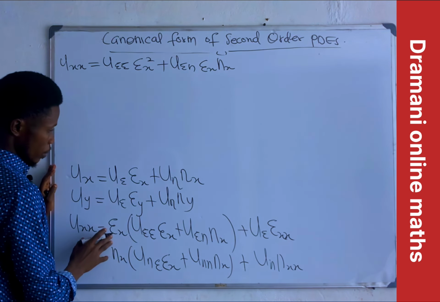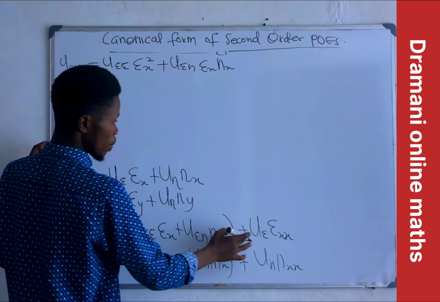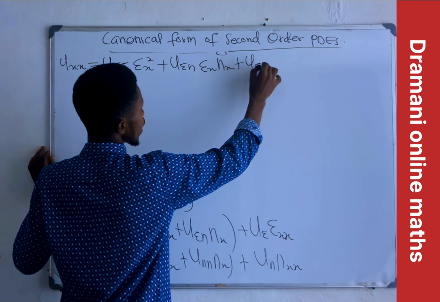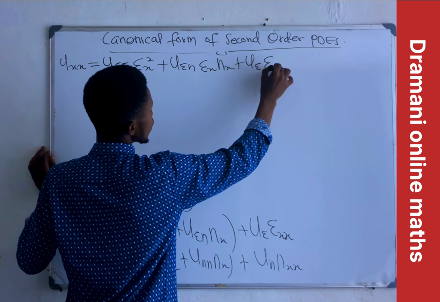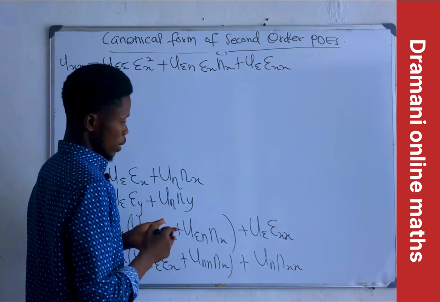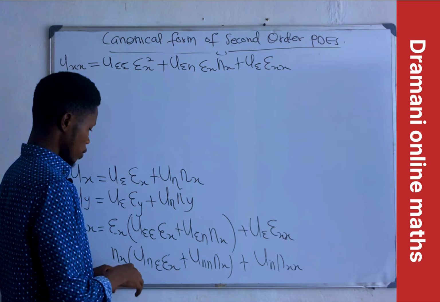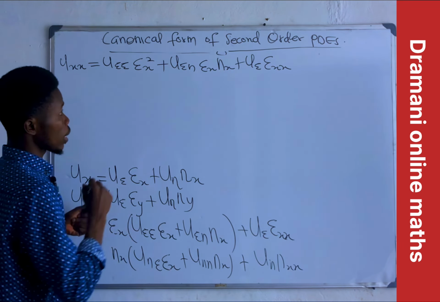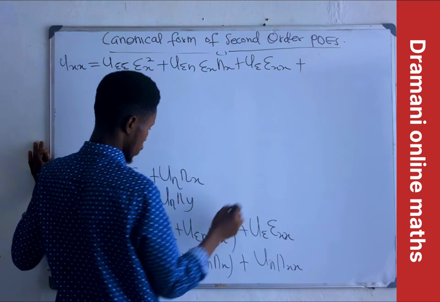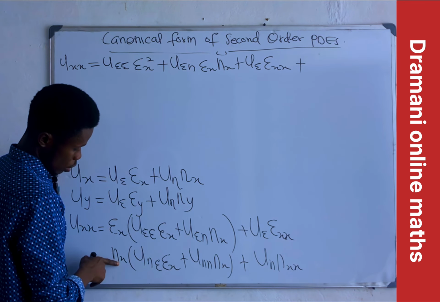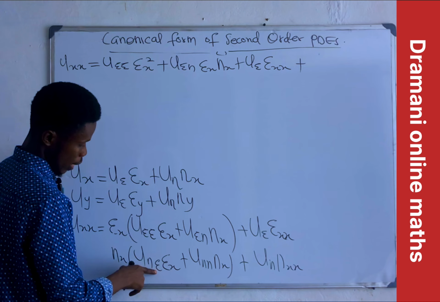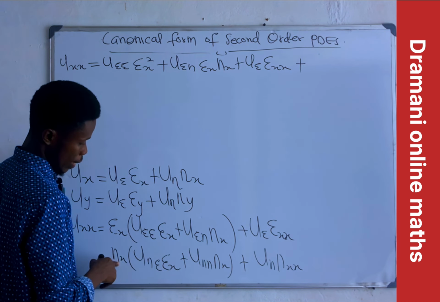So I'm done with this one, plus u xi x. Then this multiplying by this, I'm going to get eta x times this. It will be u eta xi x eta x.